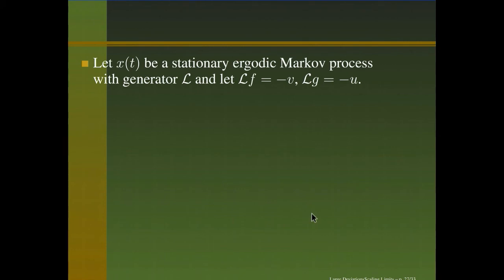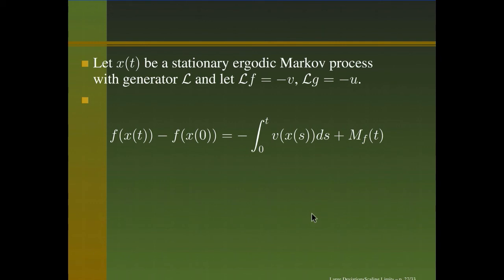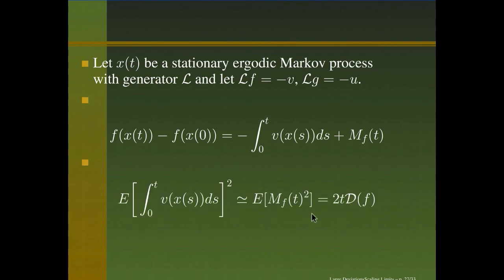Now to understand this, suppose you have a stationary ergodic Markov process with generator L, and LF is minus V and LG is minus U. It's a reversible process. And Ito's formula allows you to calculate the mean square of integral 0 to t as proportional to t with a constant which is twice the Dirichlet form of f.